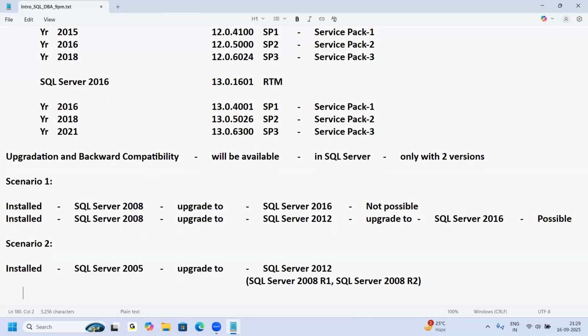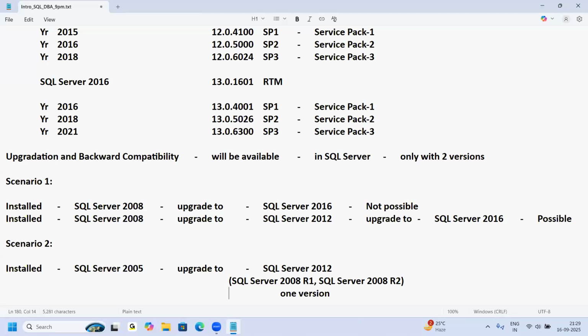Remember, these two are considered as one release or one version only. 2008 R1 and 2008 R2 will not be considered as separate versions.